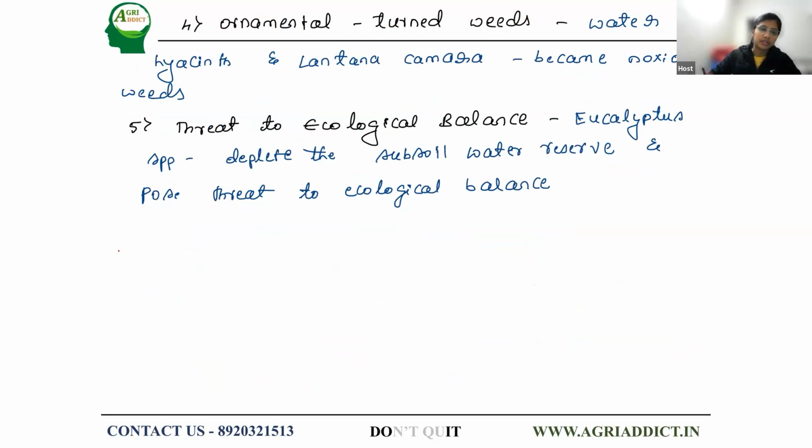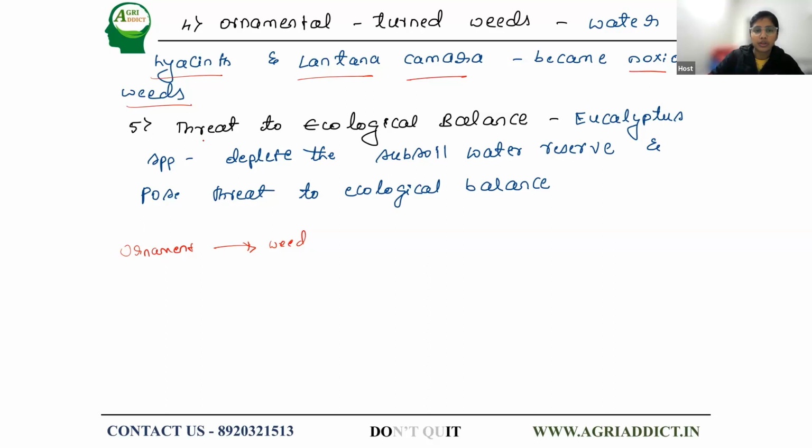Ornamental plants: you thought it would be an ornamental plant, but unknowingly it has now become a weed species and poses a threat to our native species. What are the examples? Water hyacinth and Lantana camara are examples of such weeds. Now they have become noxious weeds that it is not possible to eliminate them.